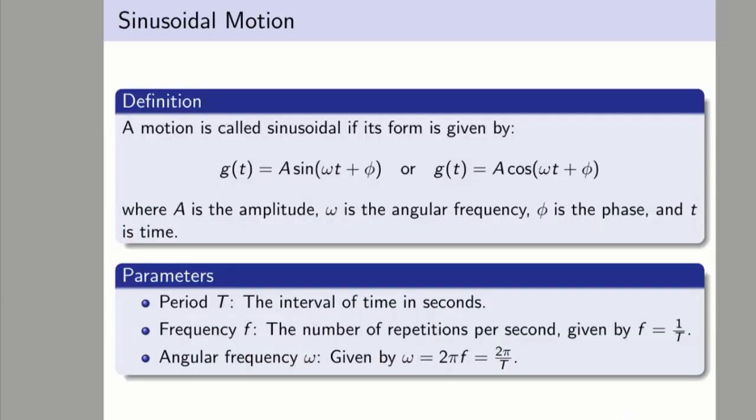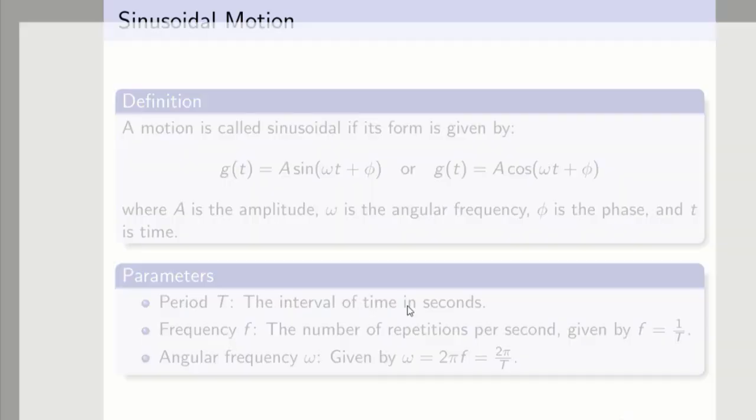So what is sinusoidal motion? Sinusoidal motion is defined by the function g(t) equals A sin(omega t plus phi), where A is the amplitude, omega is the angular frequency, phi is the phase, and t is time. Let's also provide you with a video in order to understand harmonic motion.